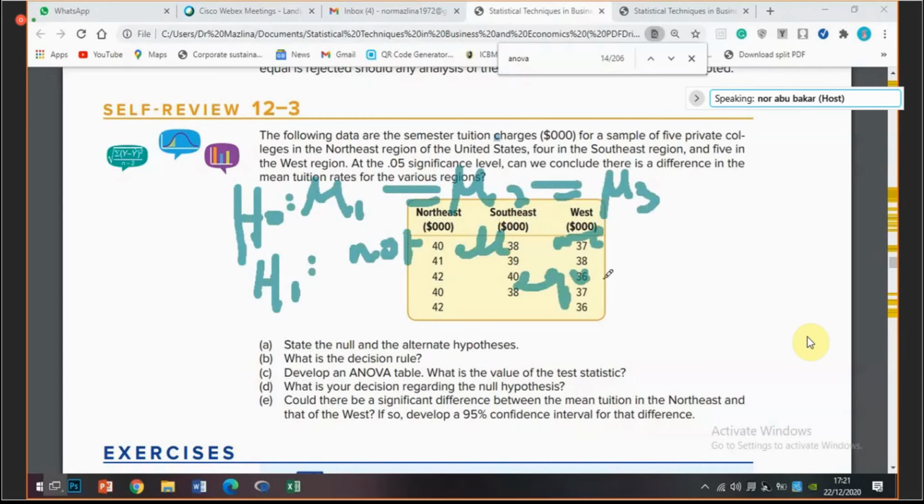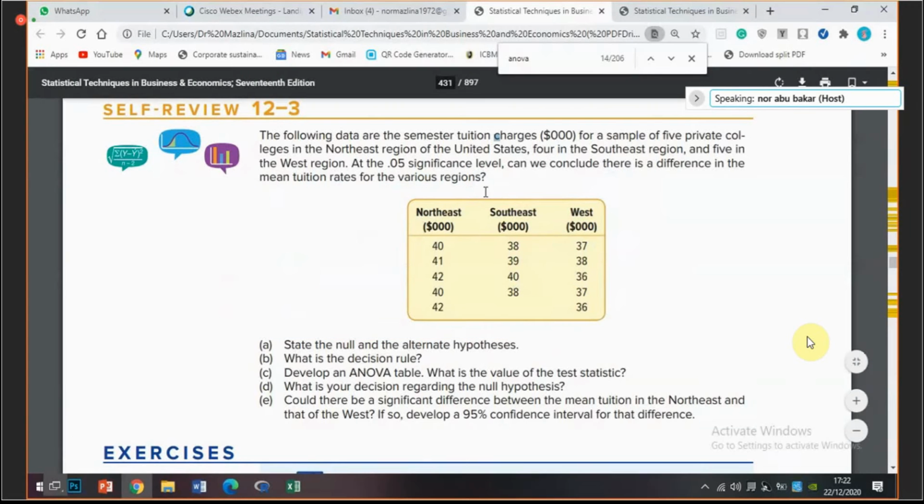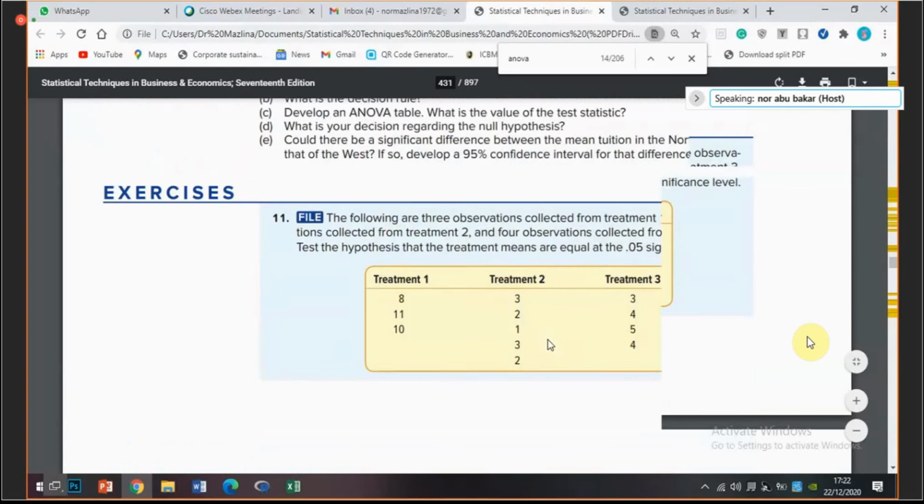Okay, my handwriting is getting better and better. Now if you got reject, it means this statement is rejected. So the statement is not true or cannot be accepted. So it means not all means are equal. So what does that mean? If not all means are equal, it means the average tuition fee for the three regions differ. Okay? Do you have that in your answer?